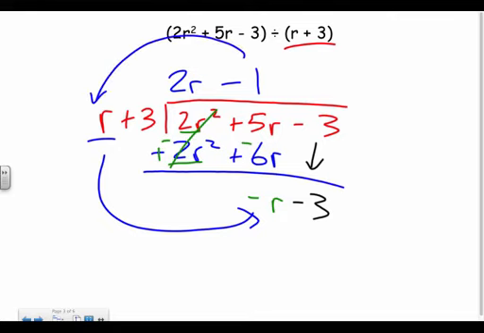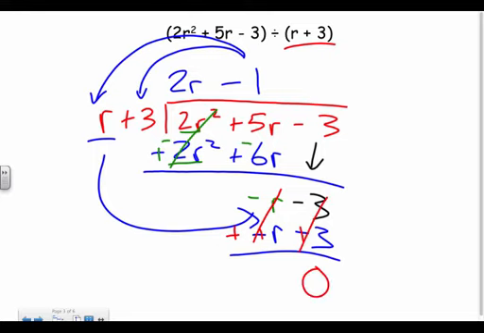Because I got to take negative 1 times r, which is negative r. And negative 1 times 3, which is negative 3. And then we subtract. Or like I said before, I like to change to addition and then change the sign of my terms. Because then I can see those cancel. So 0, there's no remainder. And I'm done. So my answer is 2r minus 1.